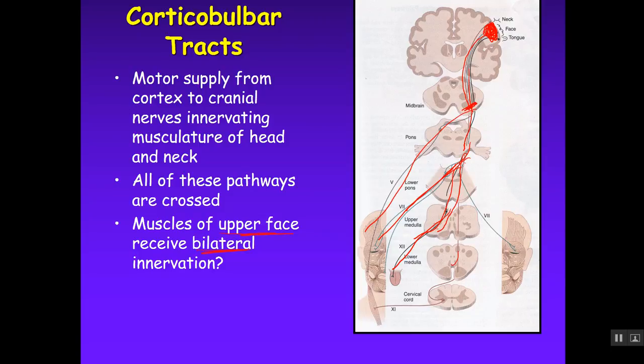So if your stroke patient comes in and they're paralyzed on one side of their body, the lower face will often be drooping down and weak, but if you tell them to raise their eyebrows, their upper face tends to stay fairly okay, because if I've got a left-sided stroke that causes the right side of my face to get weak, my left side of my brain is still supplying both sides of my upper face. Okay, so the upper face tends to not be as impaired as the lower face.